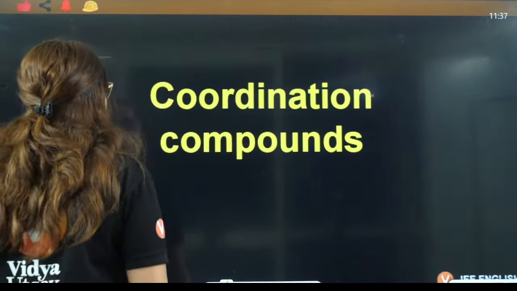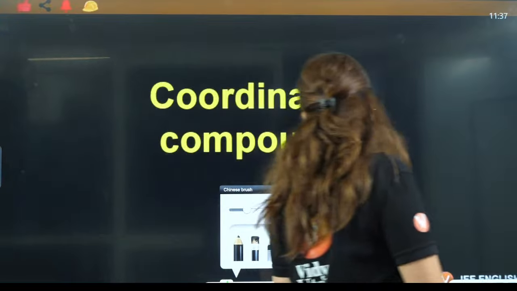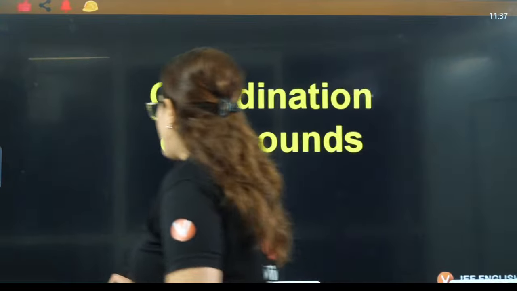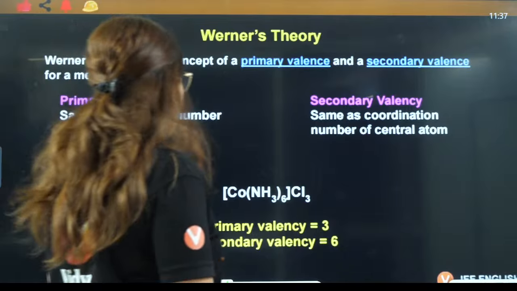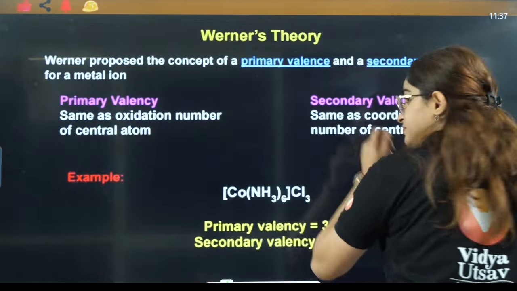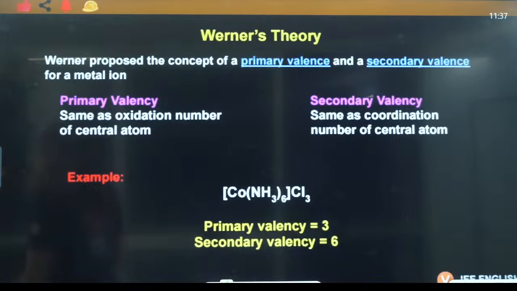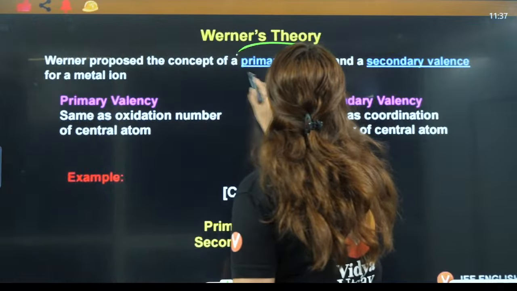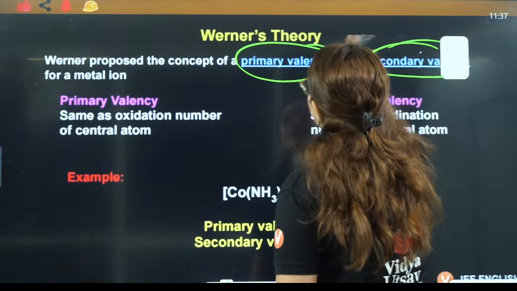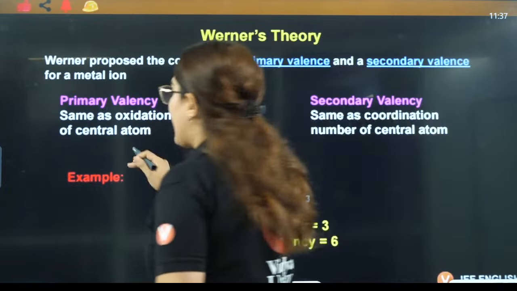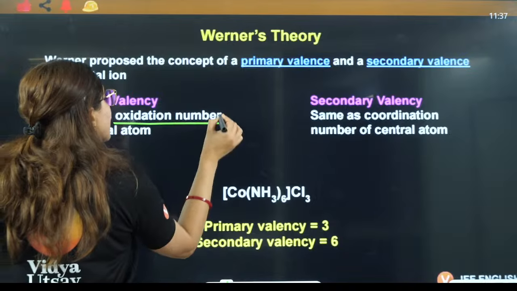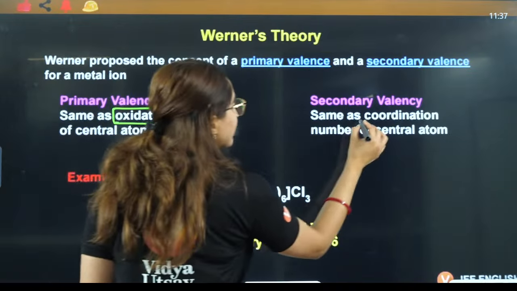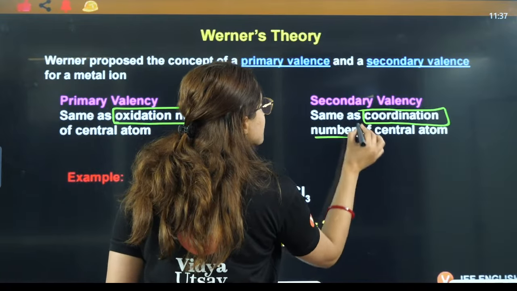Let's start. In coordination chemistry, first let's talk about Werner's theory. Werner's theory explains the primary and secondary valencies. Primary valency is the same as oxidation number and secondary valency is the same as coordination number.